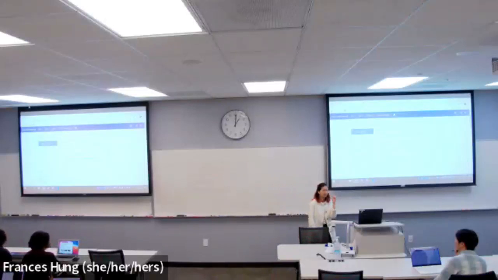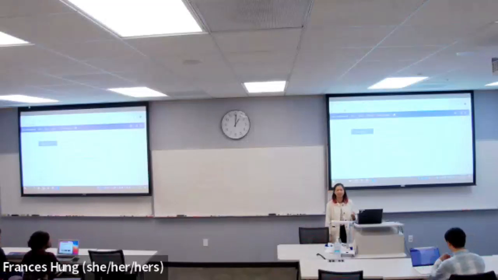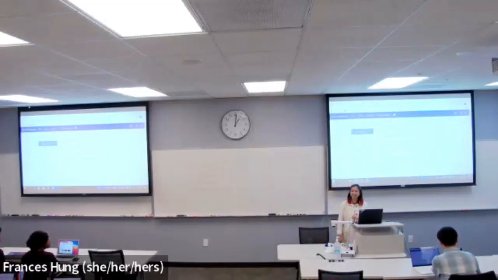Is there anyone here who left early last week who was not able to set up GitHub in their DCC? Okay, I heard there were some people, so just in case, I'm going to take you through this again. To start off, you'll want two tabs open.